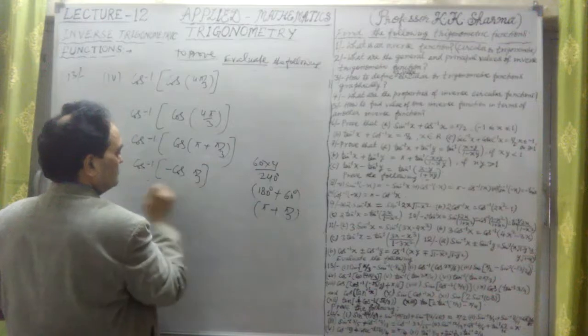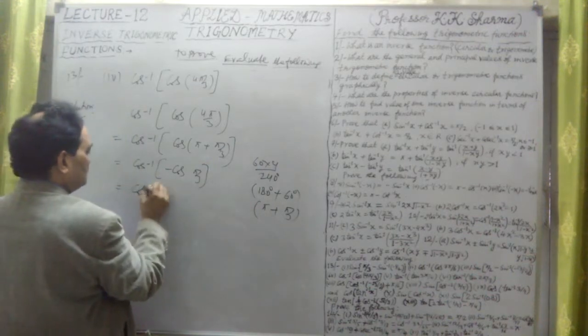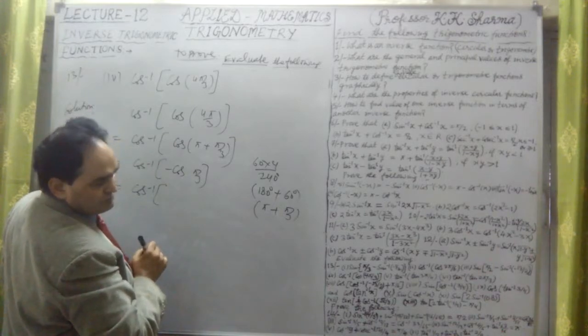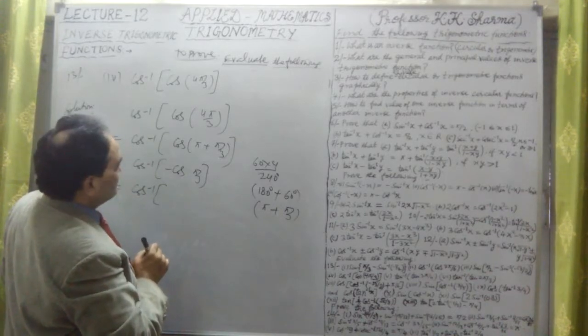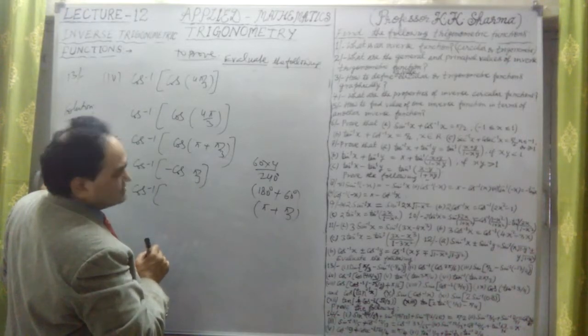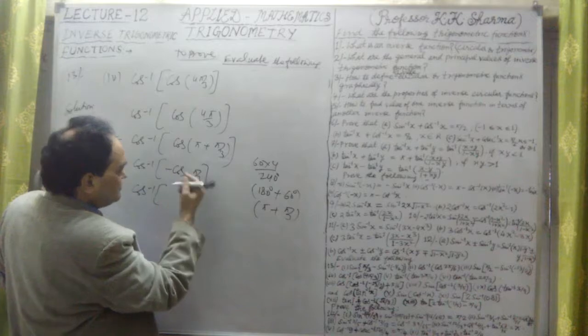It gives us cos inverse of minus cos pi by 3. What is that? It will give us pi minus cos inverse of this cos pi by 3 that we first write.